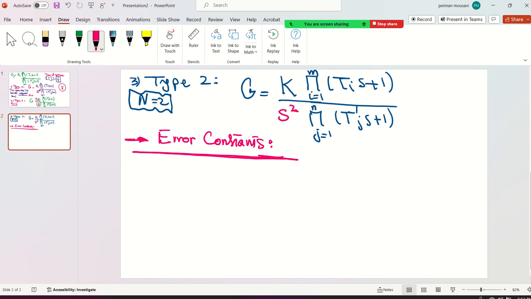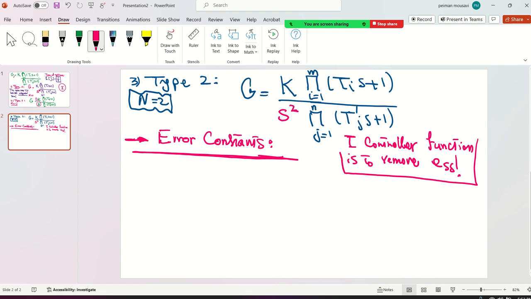Accept from me for now, I'm going to show it in detail later, but the I controller function is, as I told you once, to remove the steady state error signal in the system. That is one of the functions of the I control.